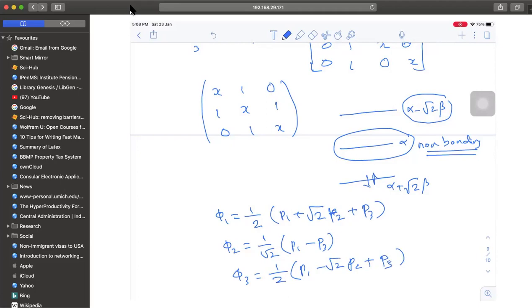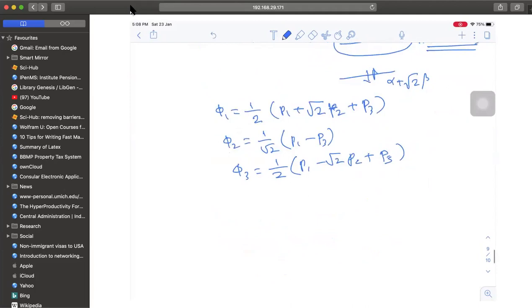You can also draw pictures of these molecular orbitals. For example, phi1 will have a large contribution from p2, so the way you will draw it is like this. Here is carbon atom 1, there is carbon atom 2, and there is carbon atom 3.